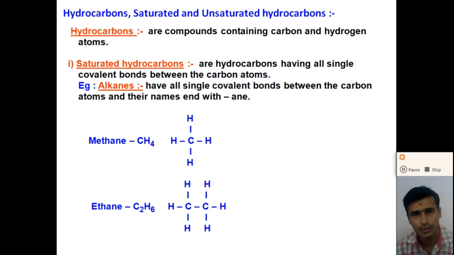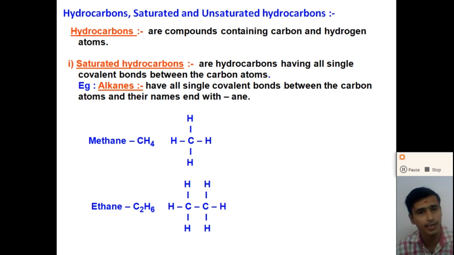Saturated hydrocarbons are hydrocarbons having all single covalent bonds between the carbon atoms, as well as all single covalent bonds between the carbon atoms and the hydrogen atoms.